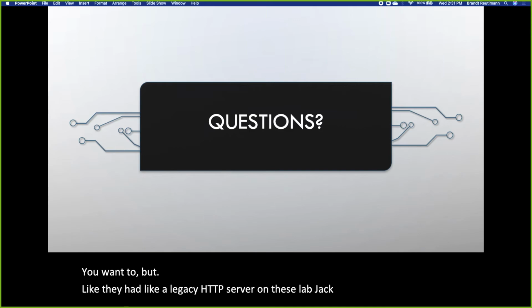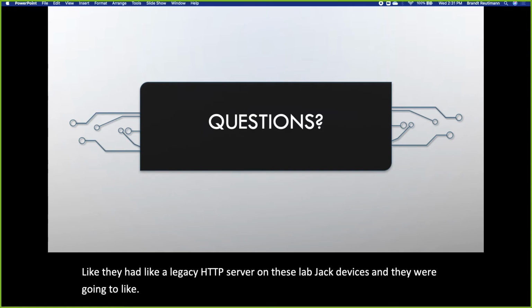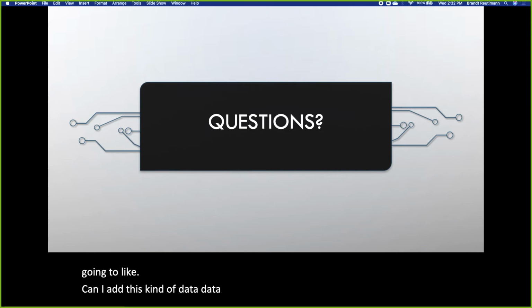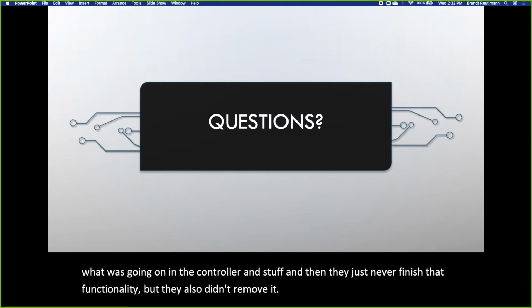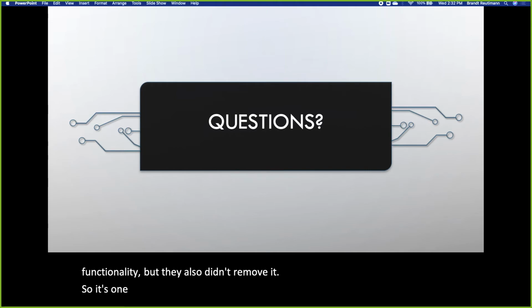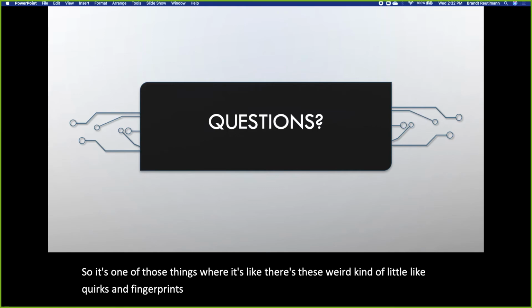They were going to add data exfiltration over HTTP so you could read what was going on in the controller, and then they never finished that functionality, but they also didn't remove it. So there are these weird little quirks and fingerprints that might exist in these real PLCs.